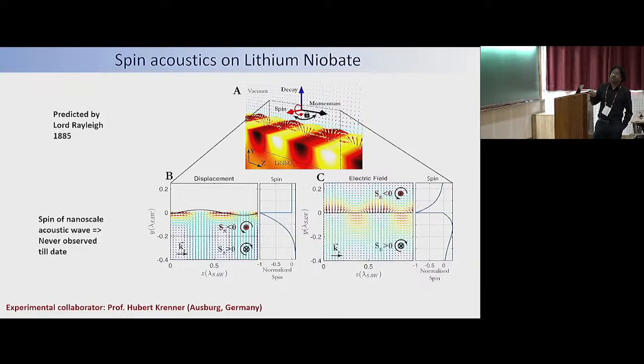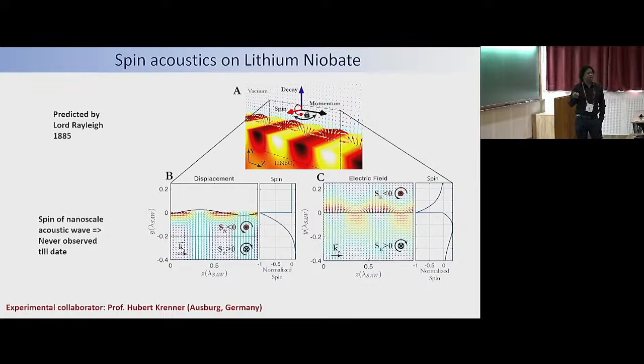There's a spin angular momentum direction, which is the local direction of the electric field rotation. There is a momentum, which is the direction of the surface wave, and there is a decay. Since it is a surface wave, there are no real amplitudes of electric or magnetic fields away from the surface. So this is once again the displacement profile and the electric field profile that has a local rotation property.